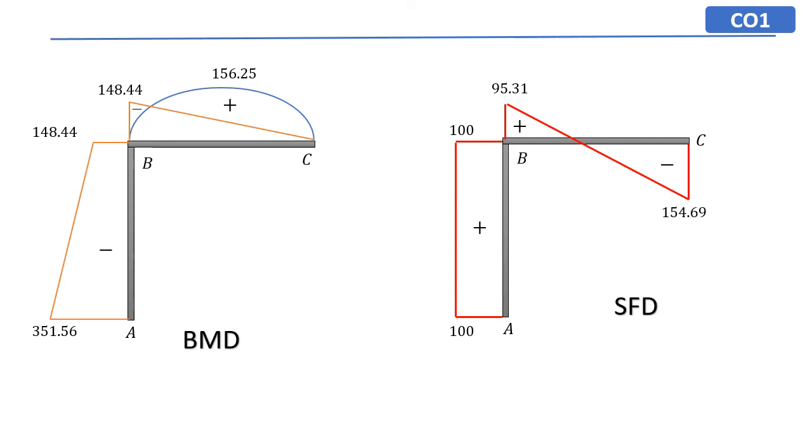Because of this, there will be a linear line. At B, the reaction at B is equal to RBV. And as in the span there is UDL, this will be a linear variation. This is 154.69, and then RC, this will be equal to 0.